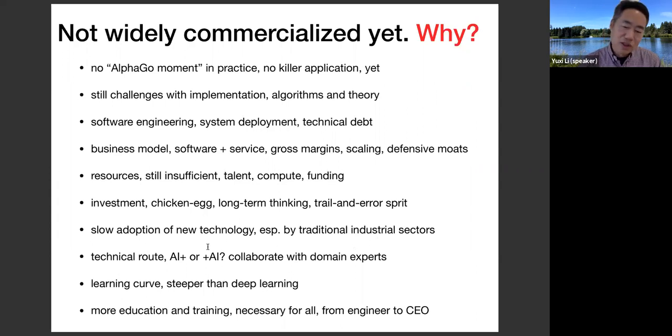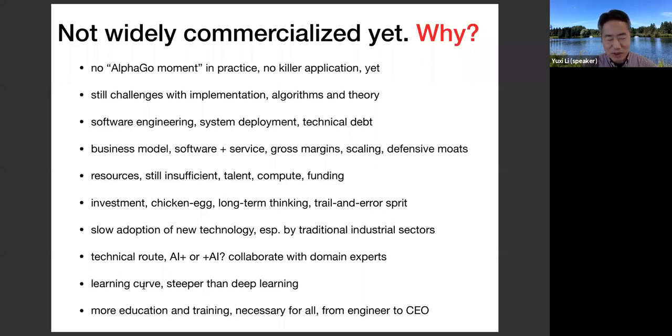There is also a slow adoption of new technology, especially in traditional industry sectors, for example, manufacturing. And there's also the question of technical roots: should it be AI plus, or plus AI? If an expert from manufacturing knows both the business and the AI, then that's probably more effective and more efficient, and AI can be helpful for this. Then about the learning curve: reinforcement learning is harder than deep learning to learn.